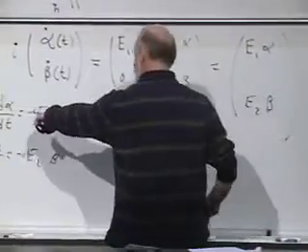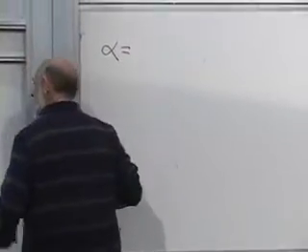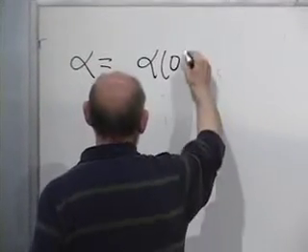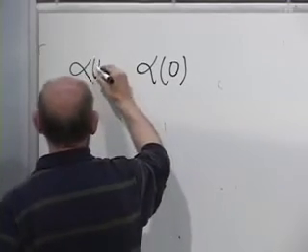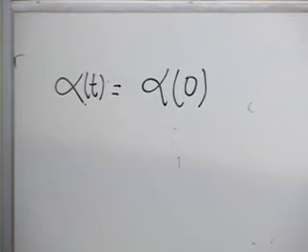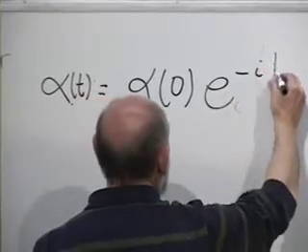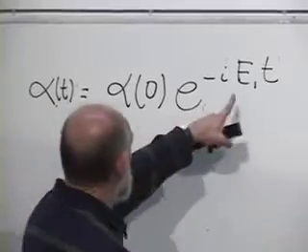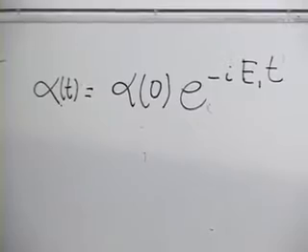So the solution of the first equation here is that alpha of t is equal to alpha at time 0 times e to the minus i E1 t. If I differentiate this with respect to time, it just pulls down a minus i E1, which is exactly what's here.